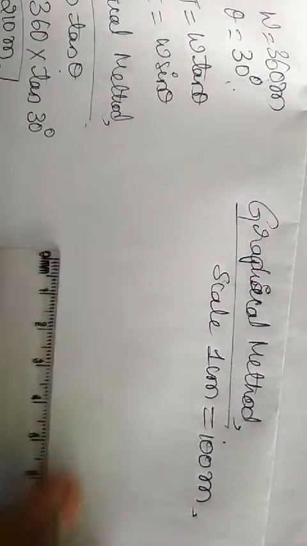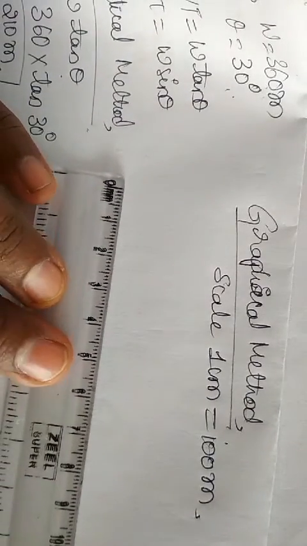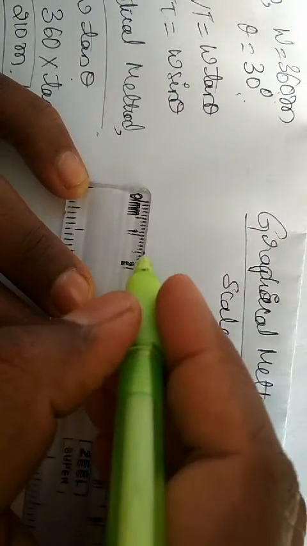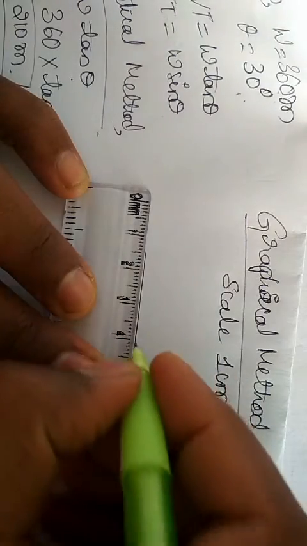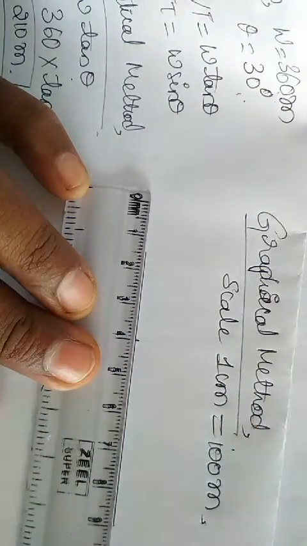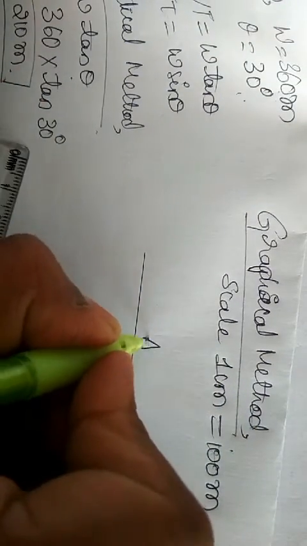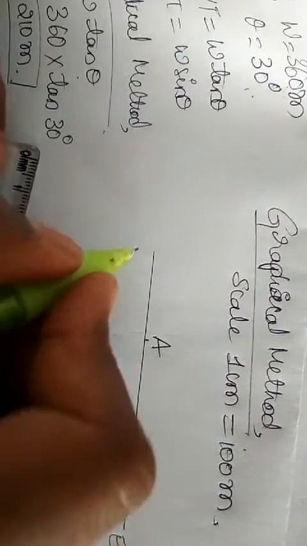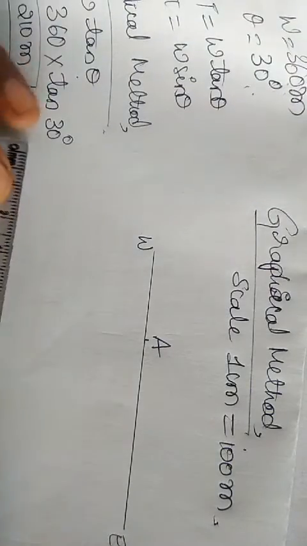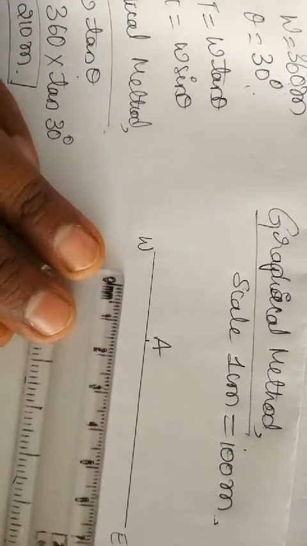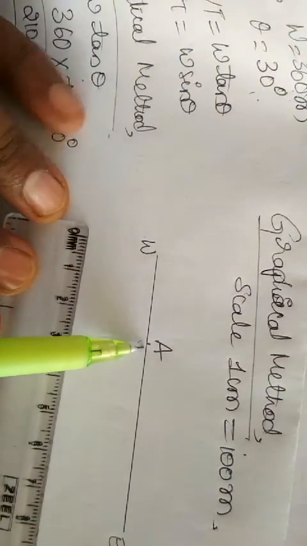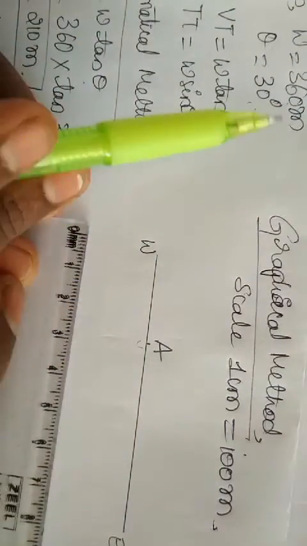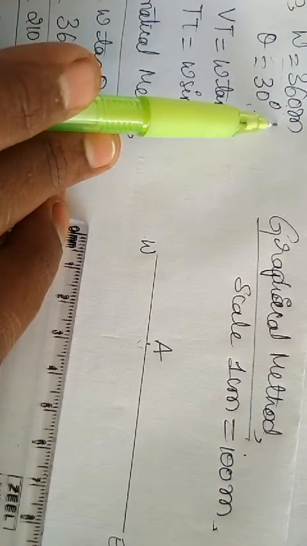Here first we need to draw a line, any line, and mark any point on this line and name it as A. The direction of this is east and this is west. Once we mark the point A, from here we need to measure the width of outcrop, 360 meters.